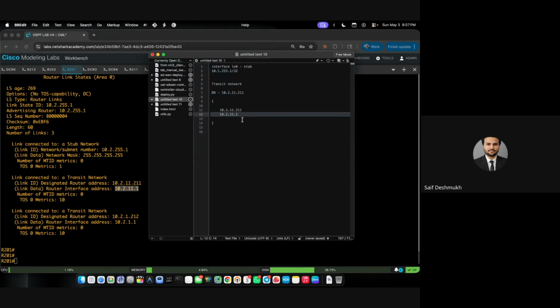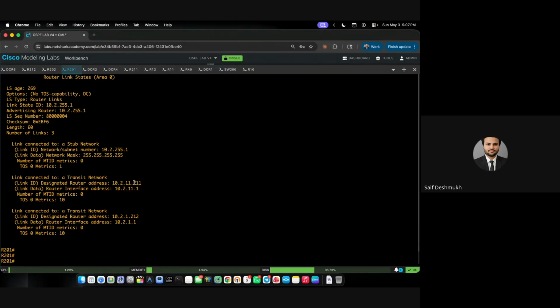So at least now I have one interface in mind that has this IP address. Now it also knows if there is any other LSA that has this IP address. But before that, it will ask one question.